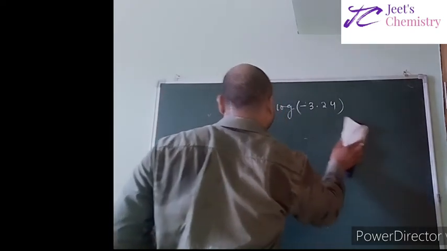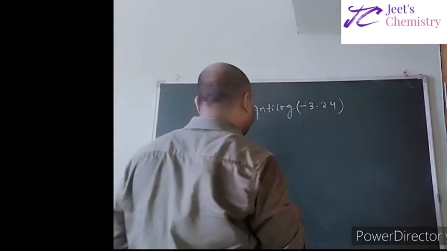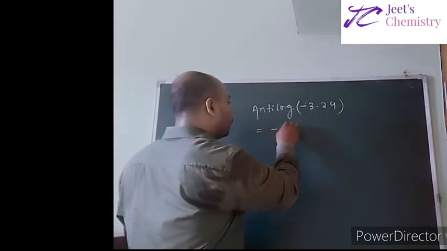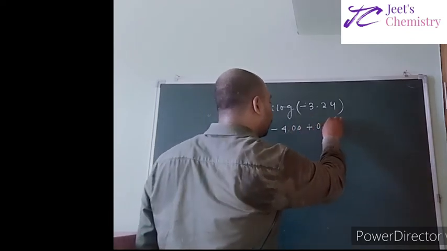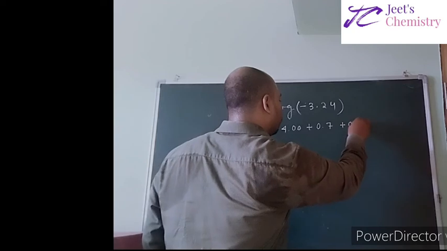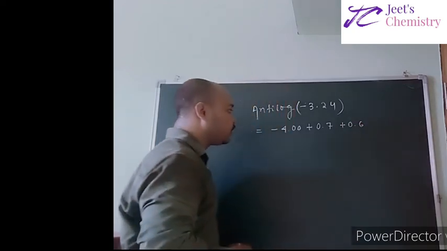So for making it positive, we can write minus 4.00 plus 0.7 plus 0.06.